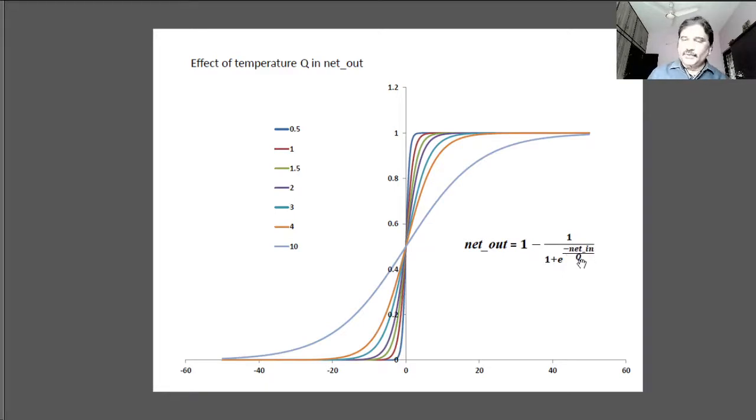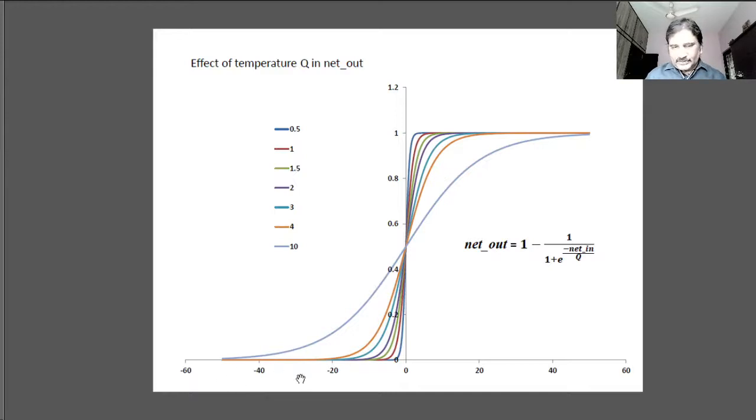This is something new here. Q we have put in the denominator. What is the property of that Q? Soon I change the value of Q from 0.5 to 10, you see what happens to that sigmoidal curve.